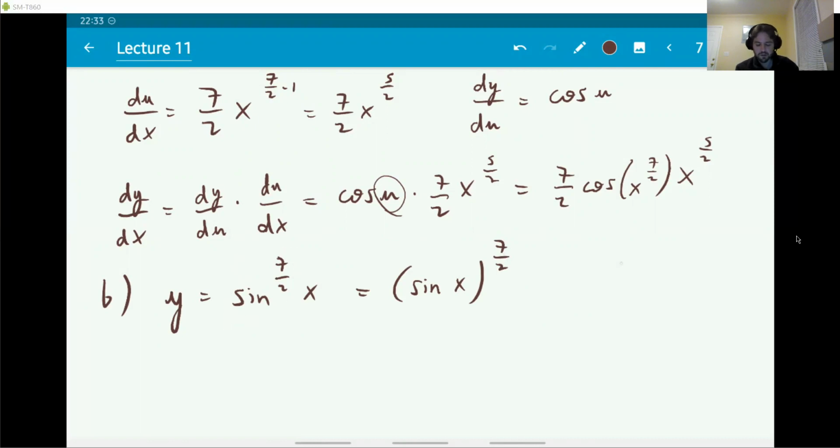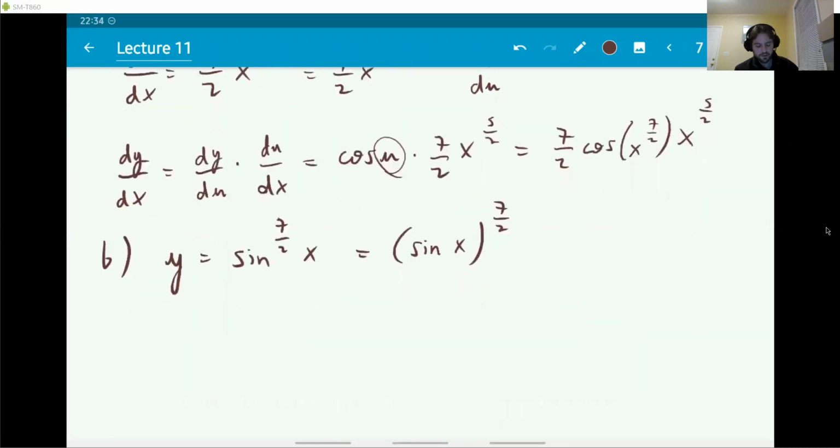We usually see this with sine squared, right? As long as it's not the number -1, because sine to the -1 is kind of ambiguous, but we don't have to worry about this. This is the function that we actually have. In this form, I think it's easy to see which one is the inner and which one is the outer function. The innermost function right here is the sine function, the one in parentheses.